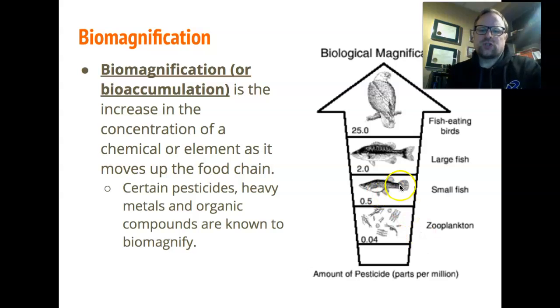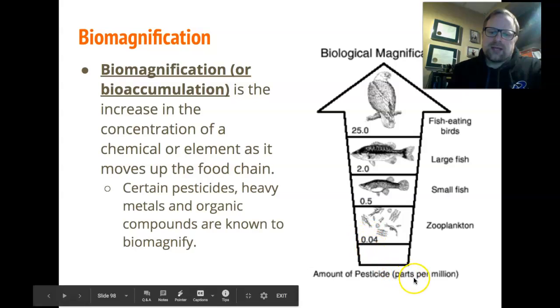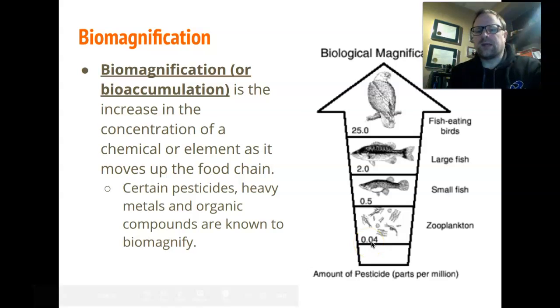And small fish eat those zooplankton, so it might be minnows or other fish like that, or even immature versions of other fish like perch or walleye or something along those lines. And these little numbers in here indicate how much pesticide in parts per million each individual organism might get in it.